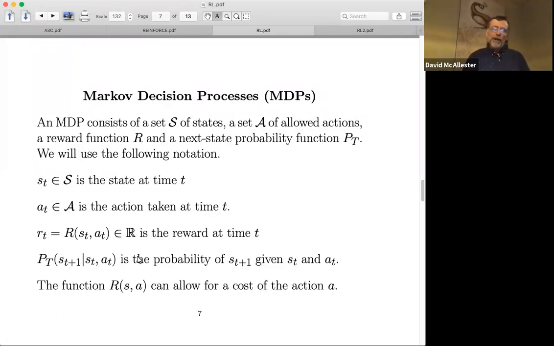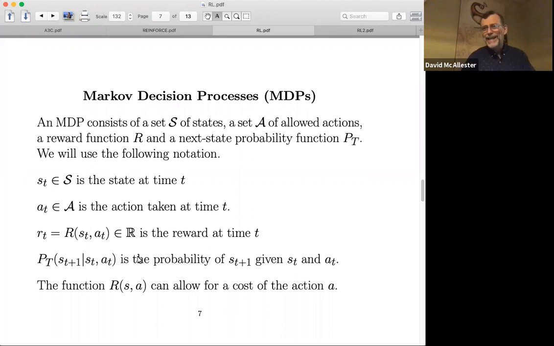Okay, now we're going to get more mathematical about formulating the problem of reinforcement learning. So we're going to talk about Markov decision processes. A Markov decision process is a model of the world, really. It consists of a set of states, a set of allowed actions, and a next state probability, a transition probability distribution.